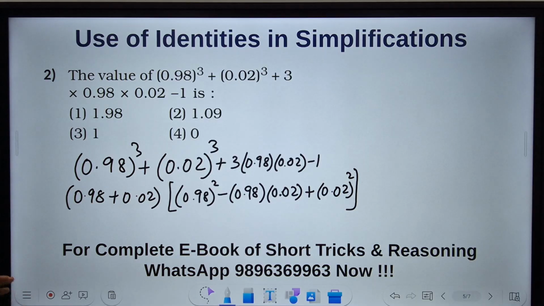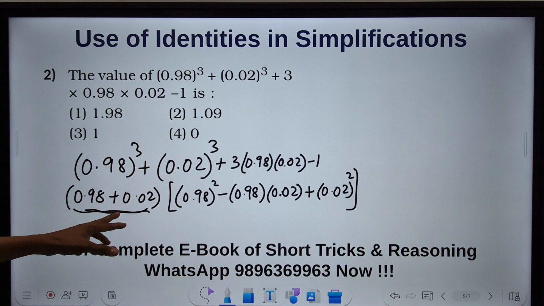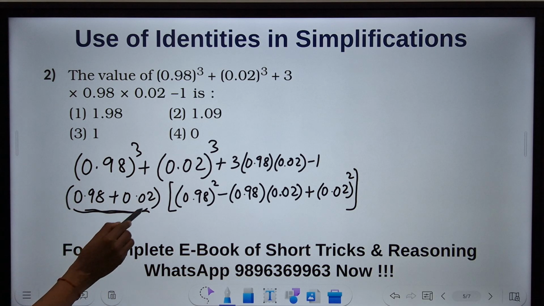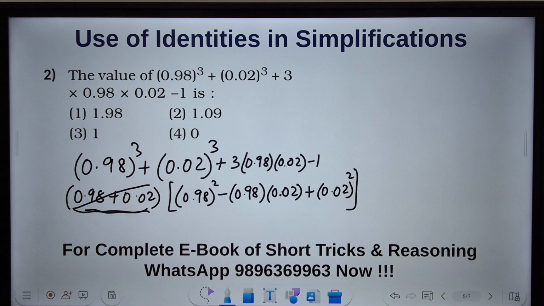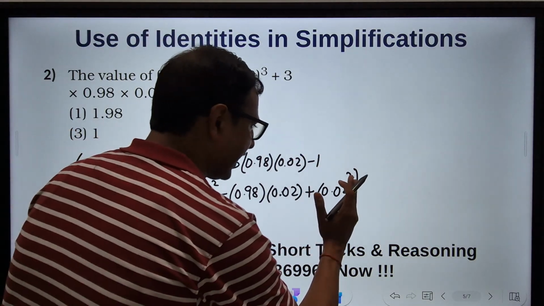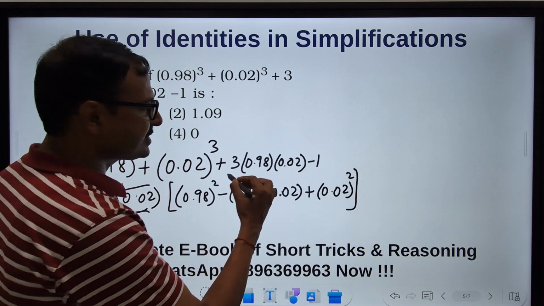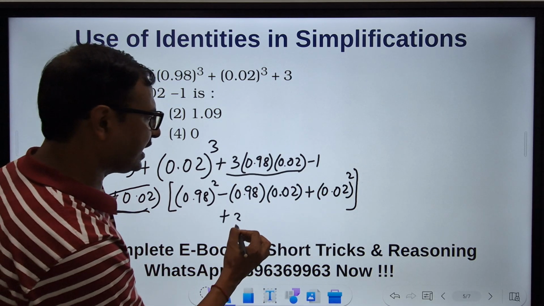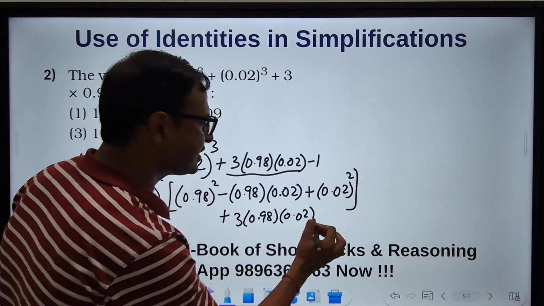Now why did I write that thoroughly? Because this part, 0.09 plus 0.02 actually is 1, and 1 multiplied by anything is going to be same thing, so this doesn't matter, and only factor that matters is this factor. And I am going to write this again because there is this term also, so plus 3 times 0.98 and 0.02 and minus 1.